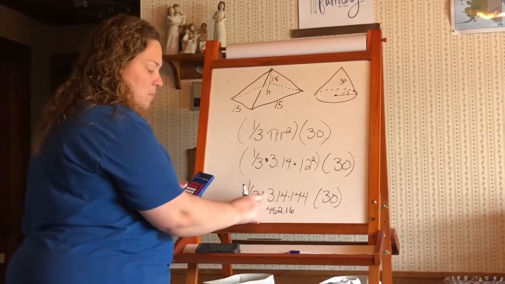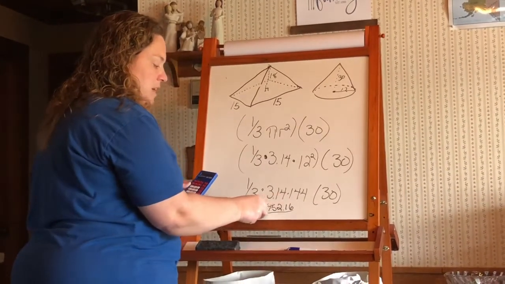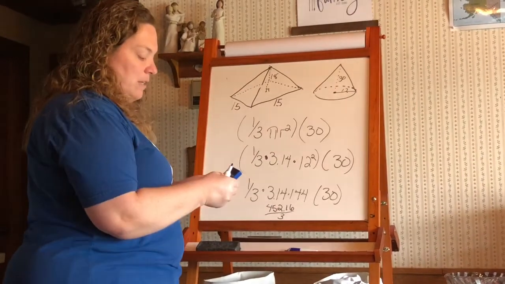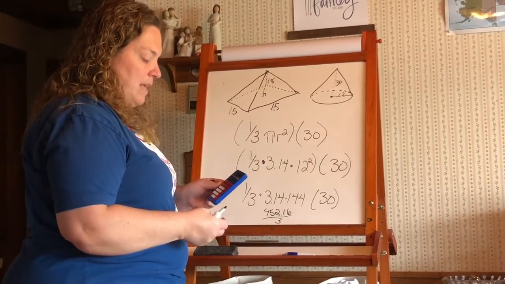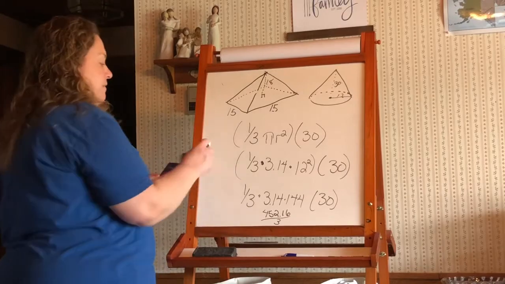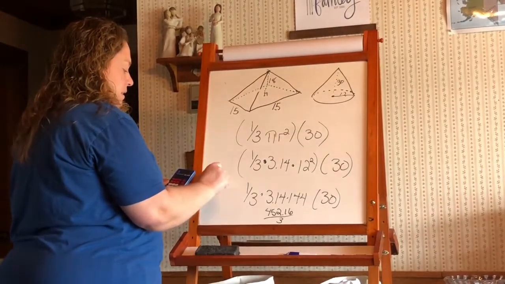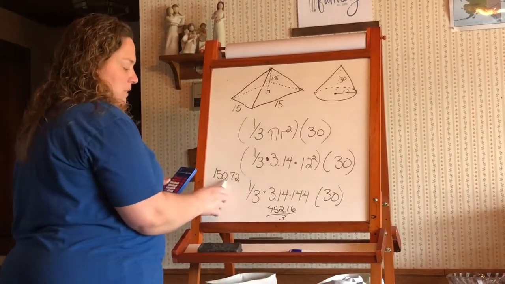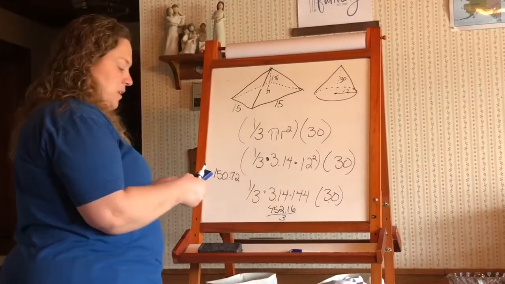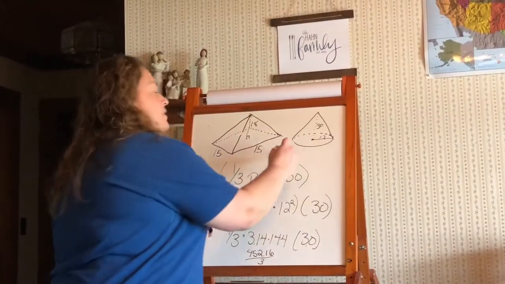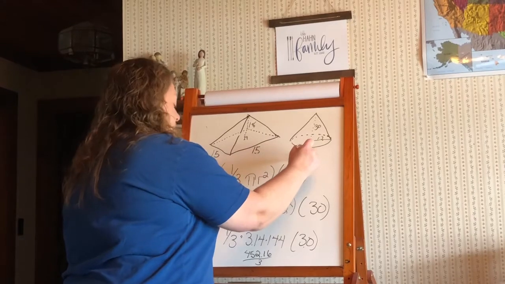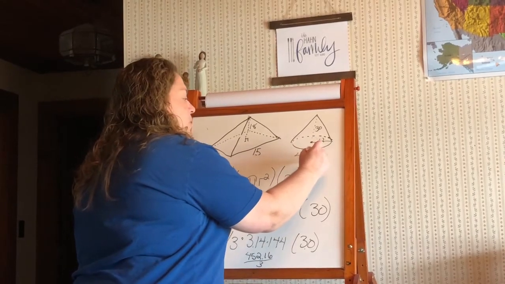452.16. Now we have to multiply it times 1/3, which is the same as dividing by 3. So I'm going to divide it by 3, and I get 150.72. I'm going to multiply that times our altitude, which gives us 4,521.6.